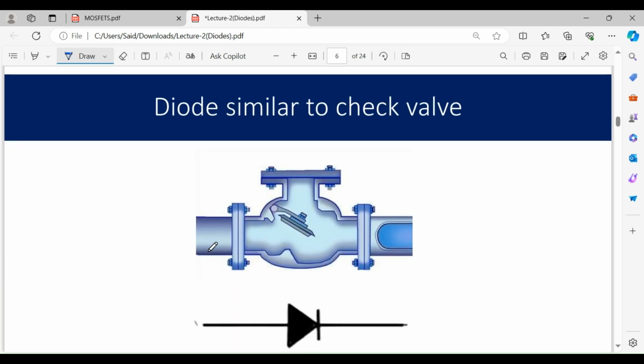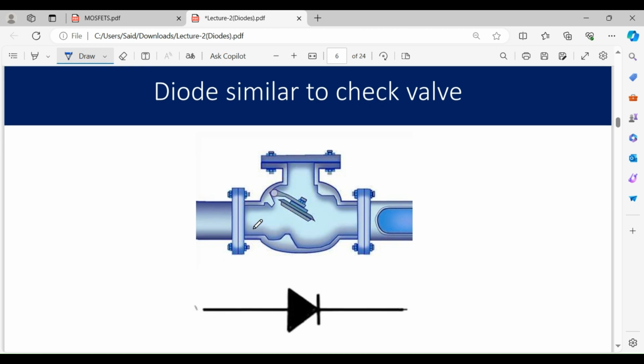If we take an example of a check valve, our diode works just like a check valve. They allow current only in one direction. For example, in this valve, if the flow of water is in this direction, then it will automatically open this valve and water will flow in this direction.